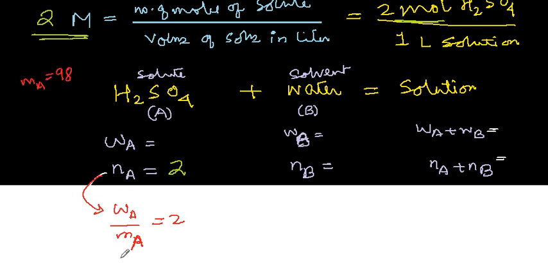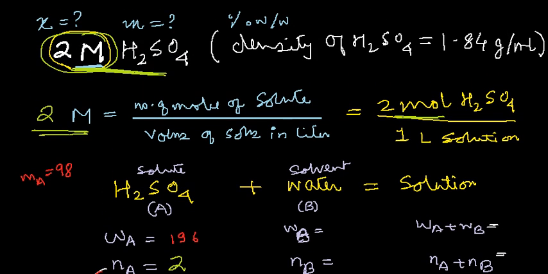So if we put the value of molecular mass of the solute, sulfuric acid, as 98, we get 2 into 98, that is 196. So the weight of A is 196 for us, and to get the information for all of these other terms which are still vacant, we need to look at the additional information provided in the problem. The additional information that we can see is the density of the solution.